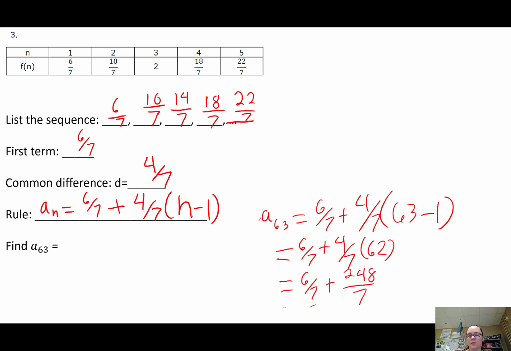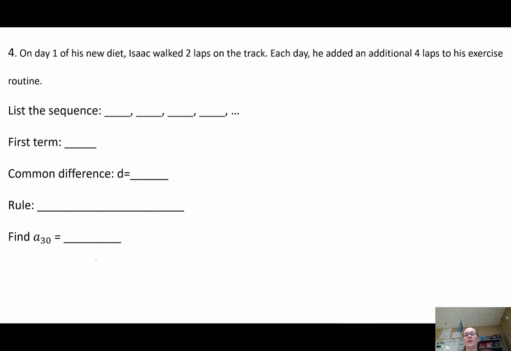And we get 254/7. So 254 over 7 is the 63rd term. All right, last one, guys.